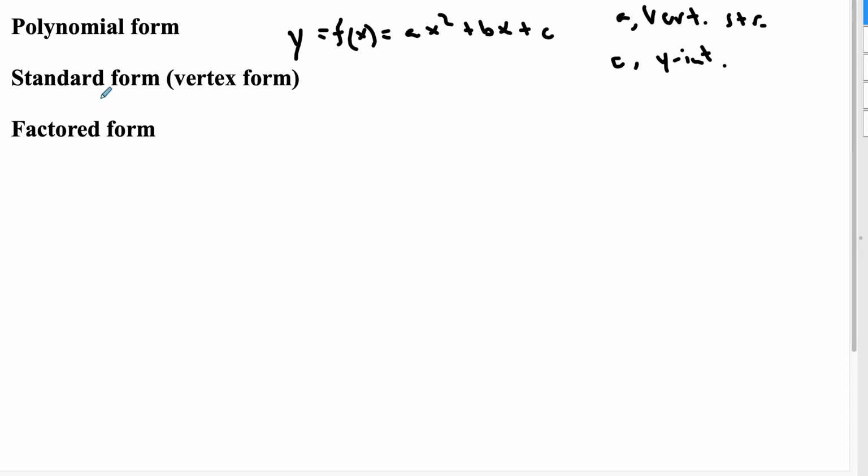Now, there's also something called standard form, aka vertex form. I'm personally much more in favor of vertex form, but you may see standard form, where a is exactly the same as this a, and it's still the vertical stretch.